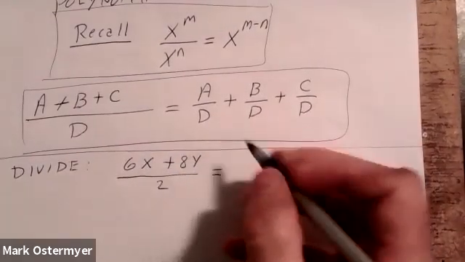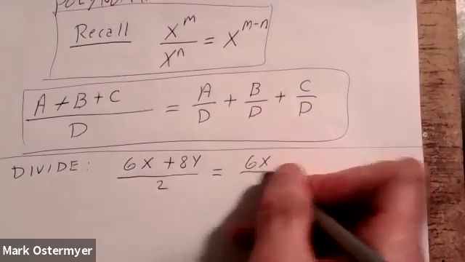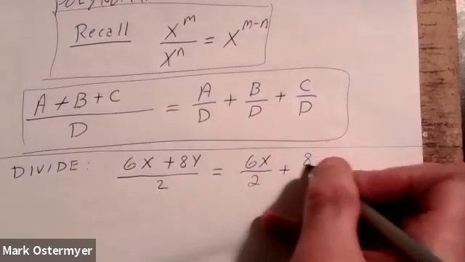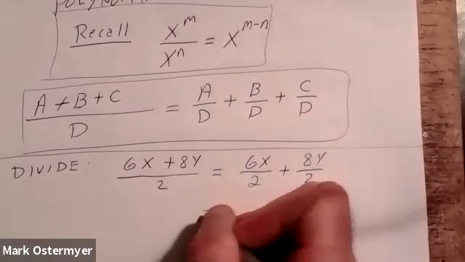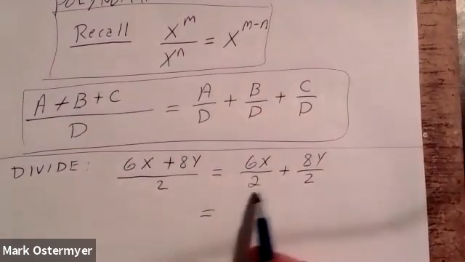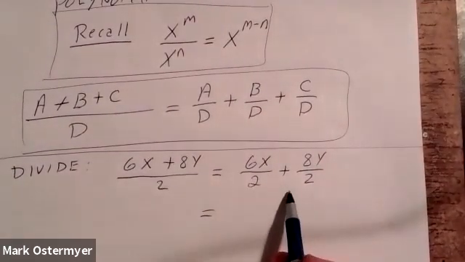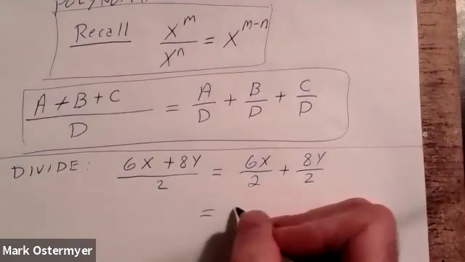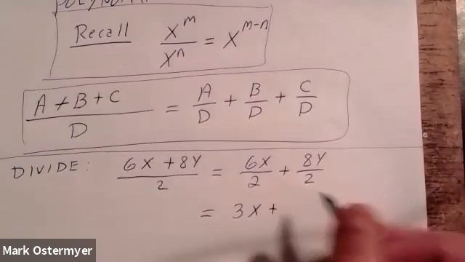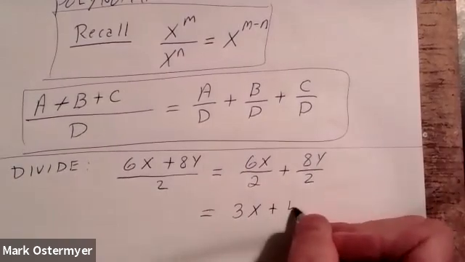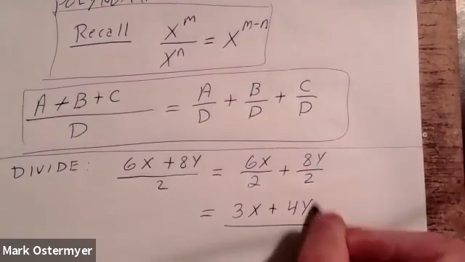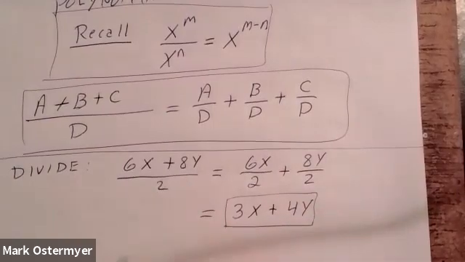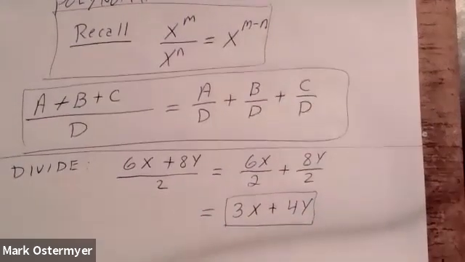I can place every term in the numerator over this monomial denominator. And now we just have to reduce each of these individually. 6x divided by 2 reduces down to 3x. 8y divided by 2 reduces down to 4y. We have just divided a binomial by that monomial. Any questions how we did that problem?